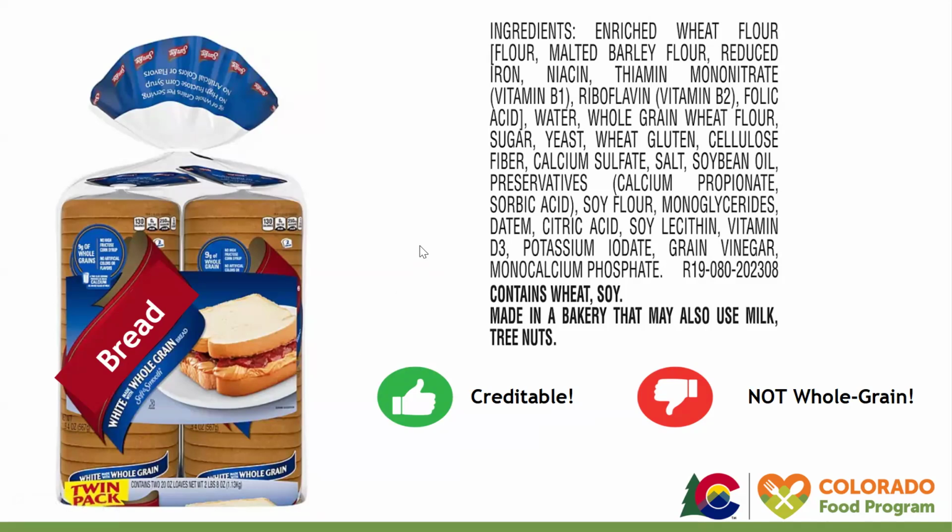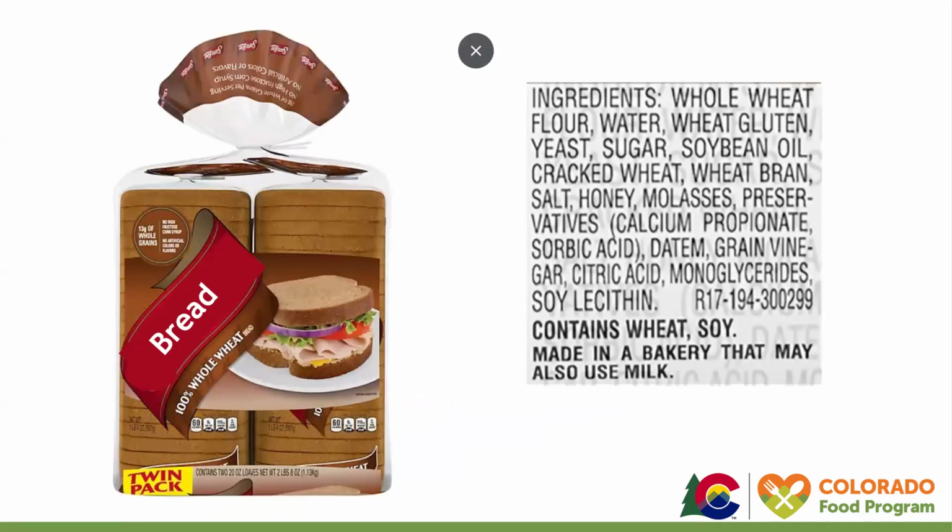All right, so this is our next one. So again, sliced bread could potentially fall under the standard of identity. And if we look at this, it does say 100% whole wheat on the package. And if we're unsure if that's one of our standard of identity phrases, again, we can always look at the ingredient list, which the first ingredient is whole wheat flour.